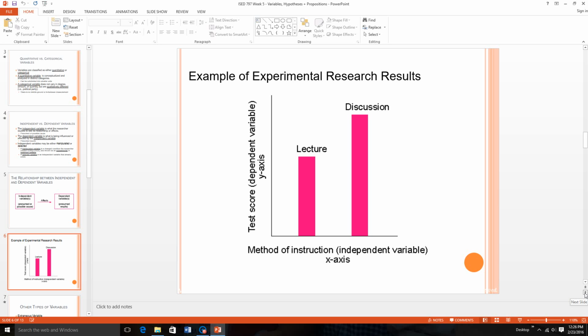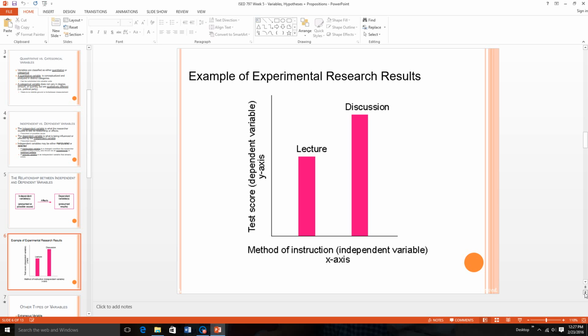In this slide, we see an experimental study that has been carried out. And let's say that the question that the researcher is examining is whether lecture or discussion is a better way of teaching research methods. So in the first bar, you see lecture, and in the second, you see discussion. The first bar represents a class in which the professor lectured exclusively.